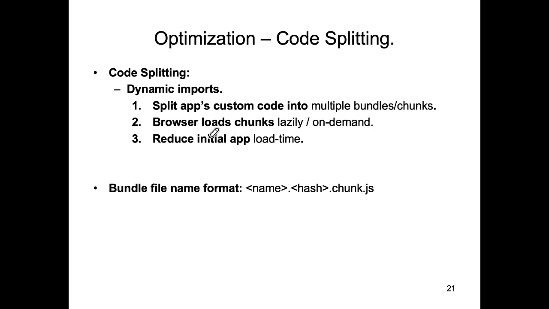The reason we're doing this code splitting at all is to reduce the initial app load time, as in reduce the size of the first bundle that needs to be sent down to the browser in order to render the home page.